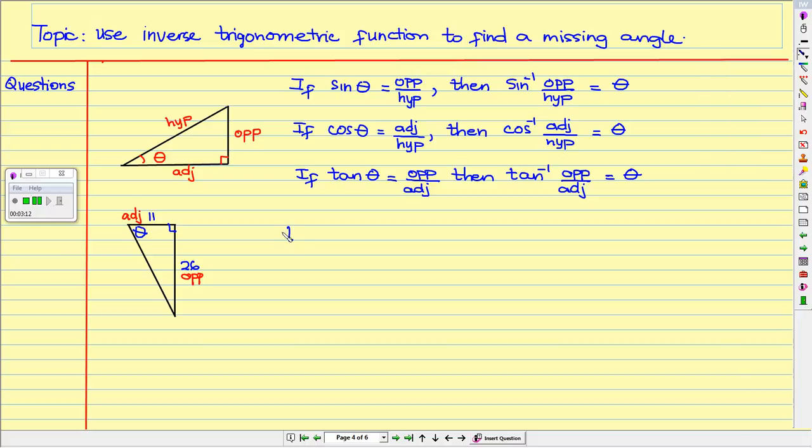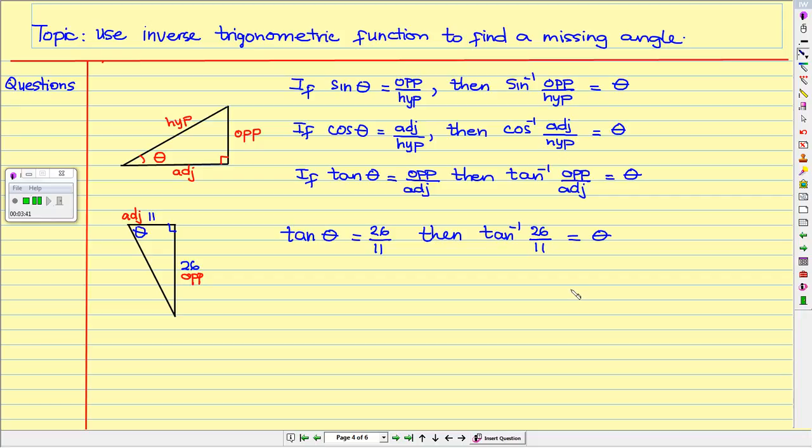Since we know that tangent of theta is opposite over adjacent, then we will do inverse tangent. Inverse tangent of 26 over 11, which is opposite over adjacent, is the angle theta.